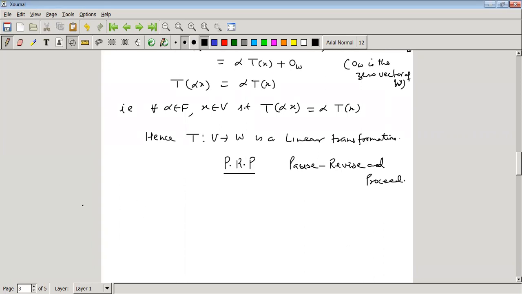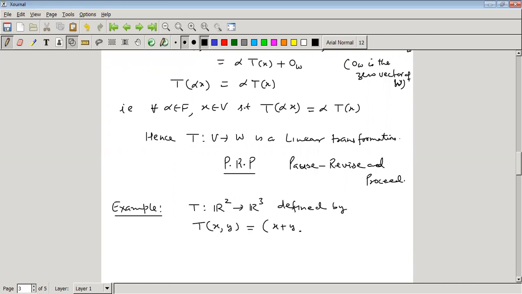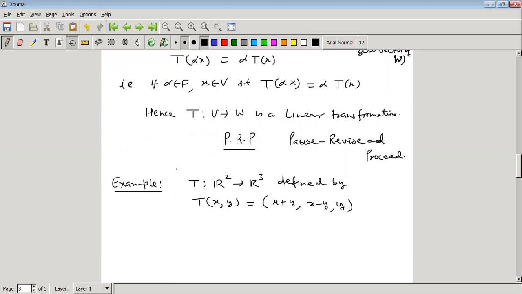So now let us discuss one example. Show that the transformation T from R2 to R3 defined by T of (x, y) equal to (x plus y, x minus y, y) is a linear transformation.